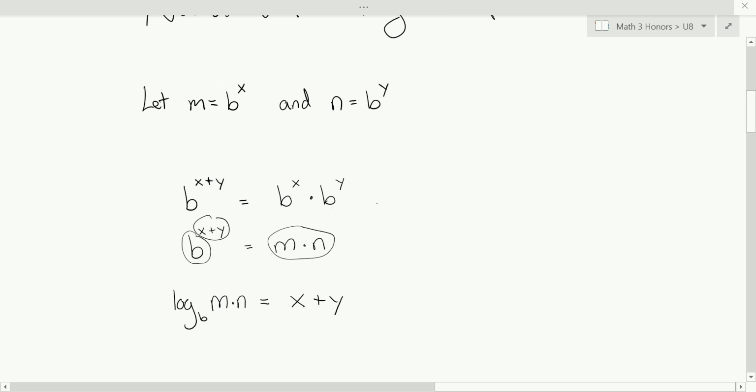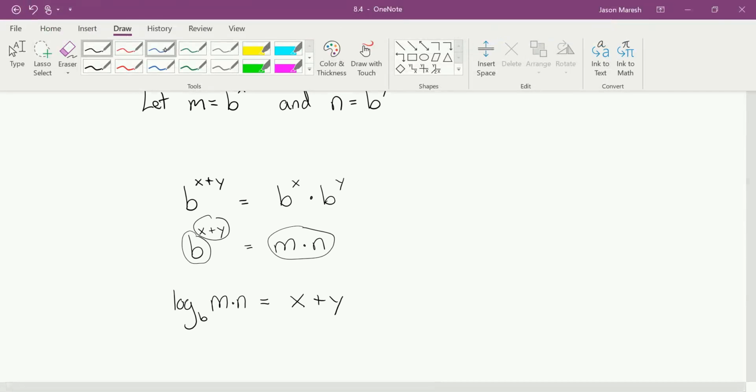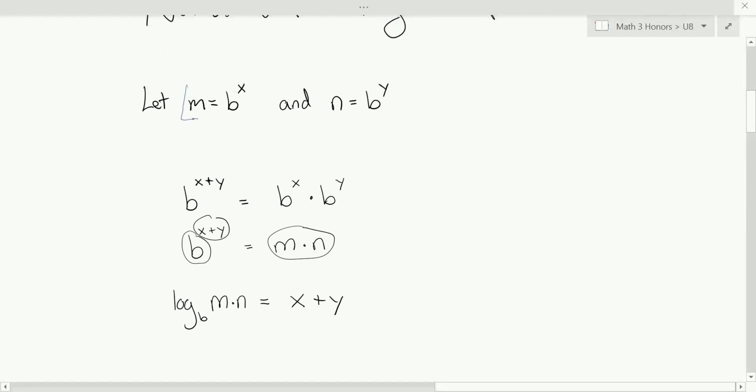Now, let's go back up to where I said m is equal to b to the power of x. Change that out of exponential form into log form, and we get what? Log base b of m is equal to x. And do the same thing with the other one. We get log base b of n is equal to y.